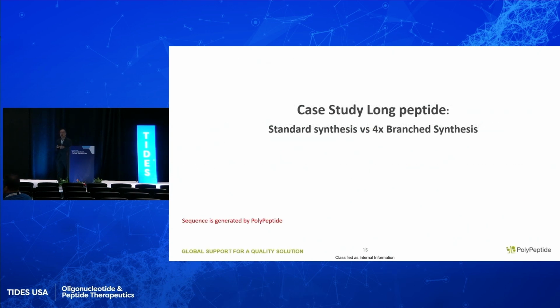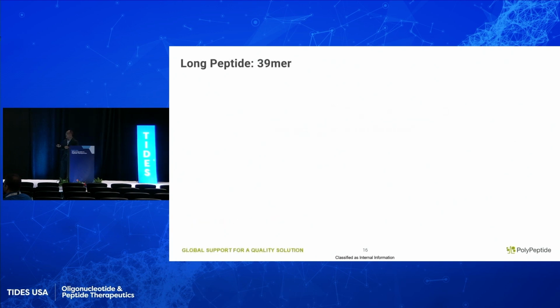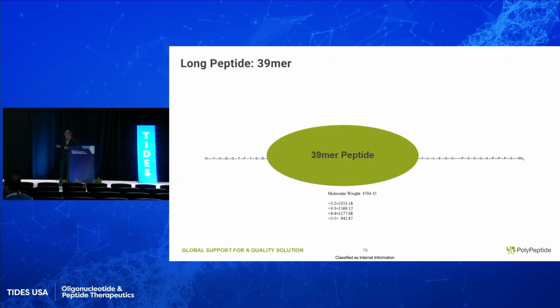So I'm going to show you a longer peptide as another case study. Sometimes a shorter peptide is much easier to build than a 39-mer longer peptide. The model peptide, I'm not showing the entire sequence, is an internally designed sequence.